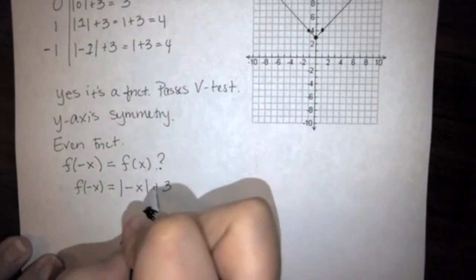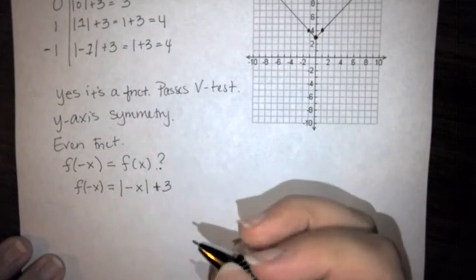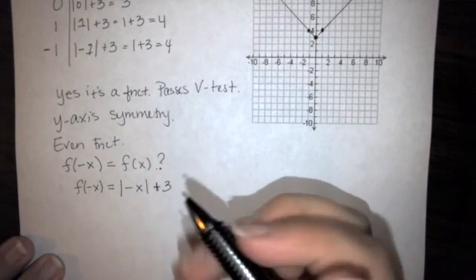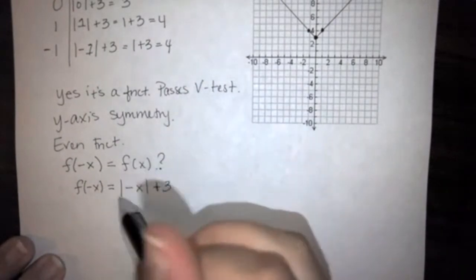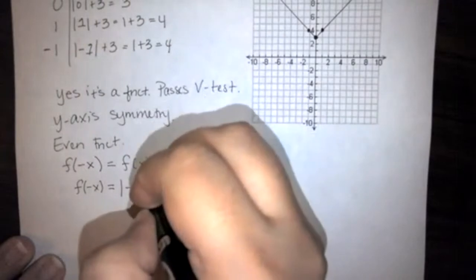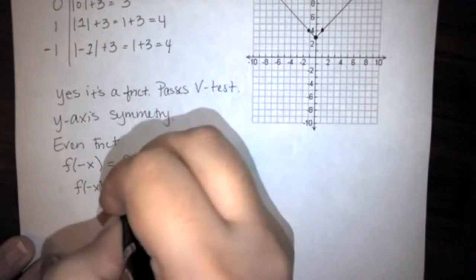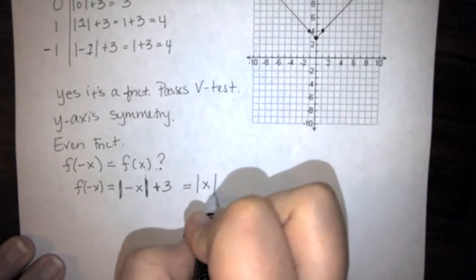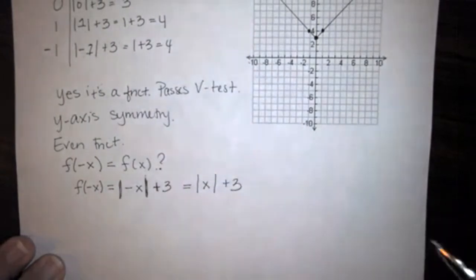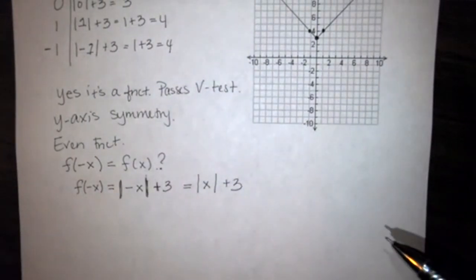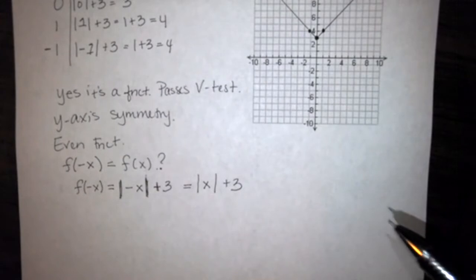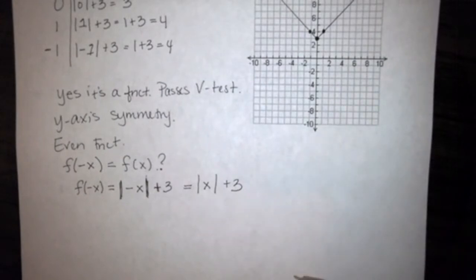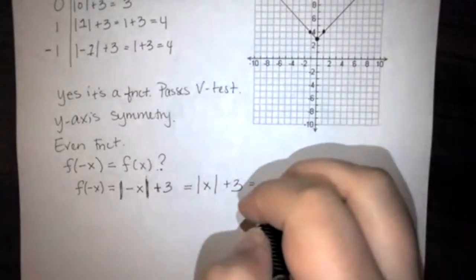Well, once you do that, you need to evaluate. What do we know about absolute value? We know the absolute value of the negative is going to be the same as the absolute value of the positive. Therefore, in this instance, you do end up with the original back, thus proving that you are even.